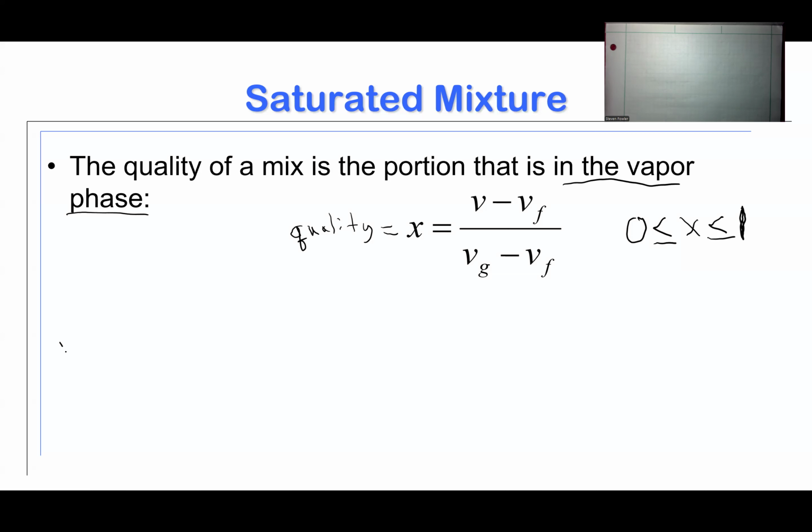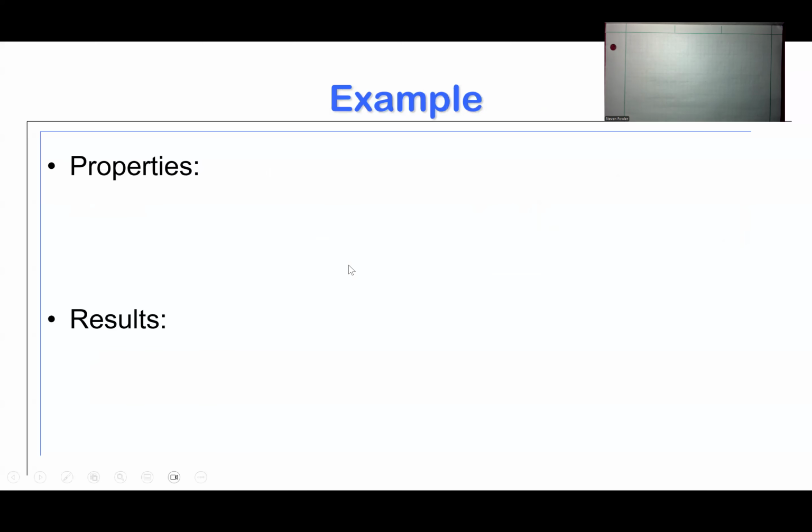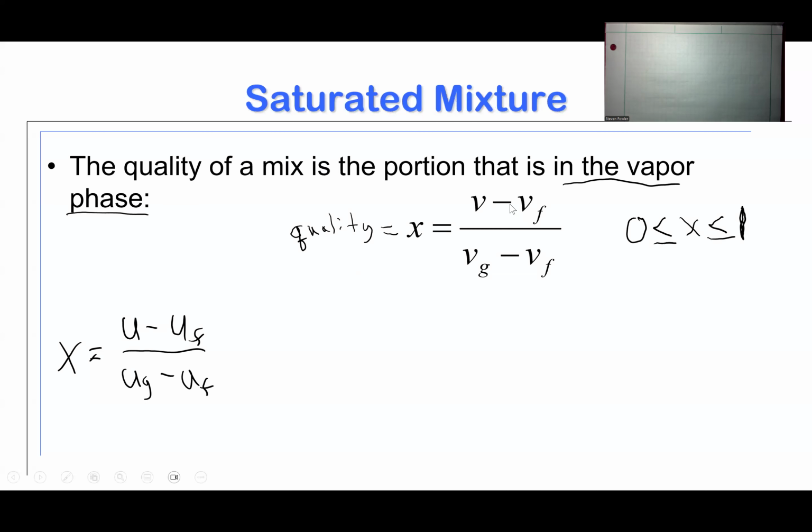You can also calculate the same quality based off of the other properties, so that I could have U minus U sub F divided by U sub G minus U sub F. Notice the same ratio I would write for specific volume, I can write for internal energy.